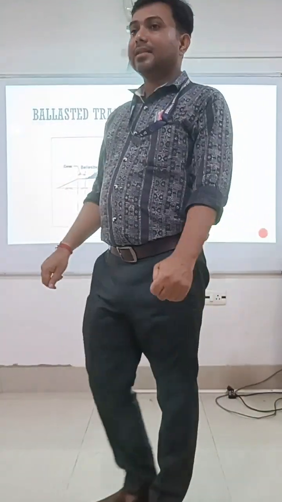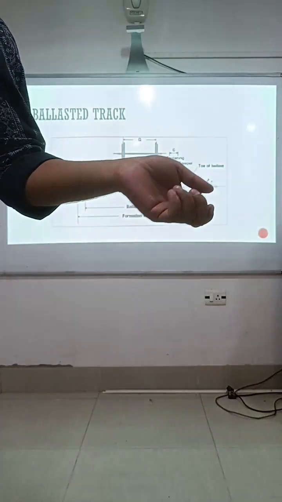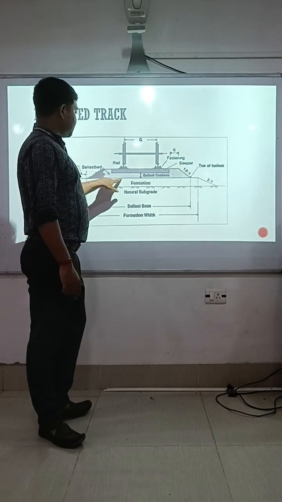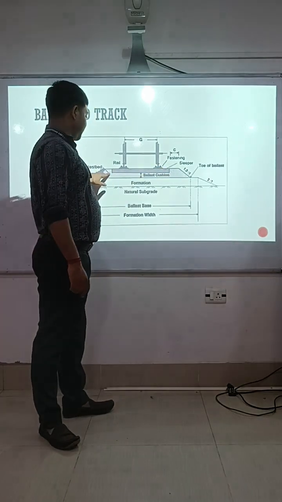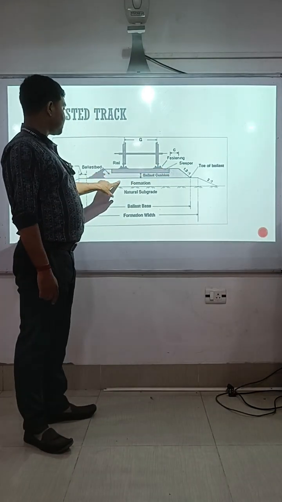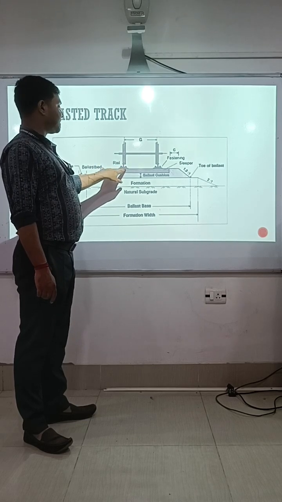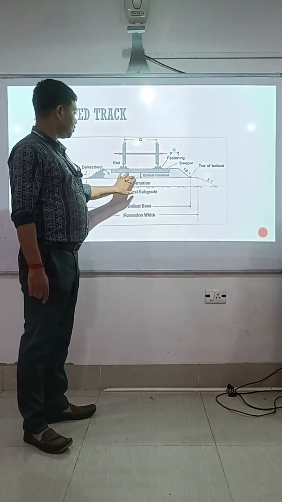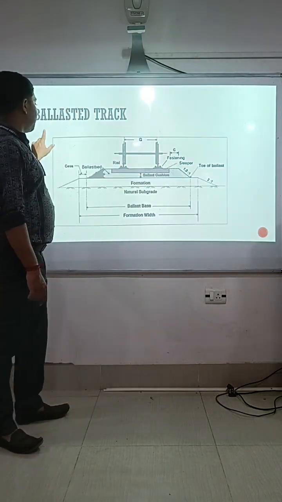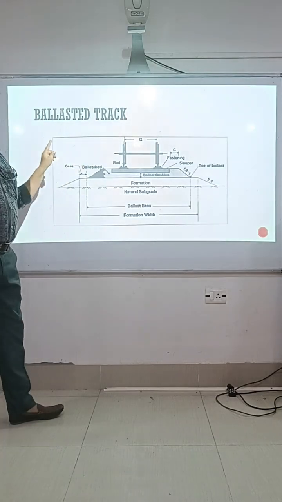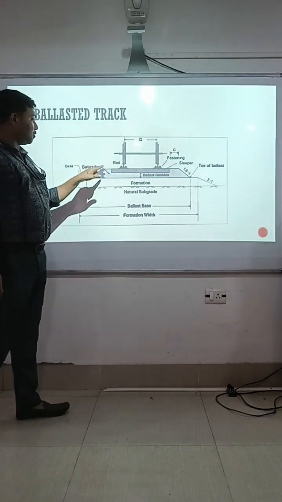Again, the difference between the ballasted track and the ballastless track is that when this ballast portion is not there, that means after the formation level the sleeper is placed, and after that the rail is fastened with the sleeper. That means this portion will be eliminated in case of ballastless track. I have not given that diagram, you may draw that also.